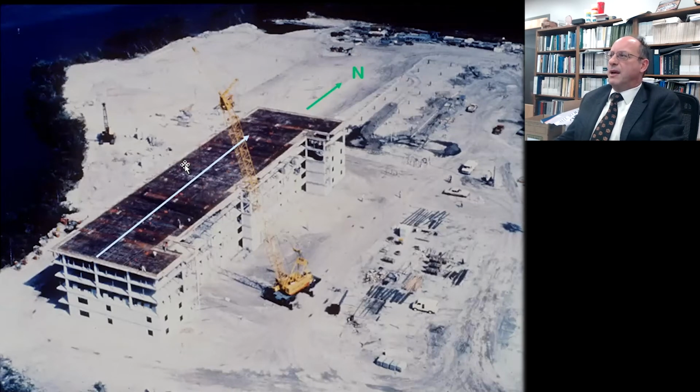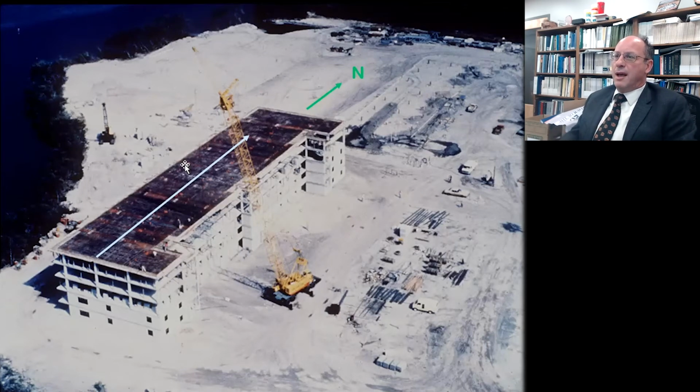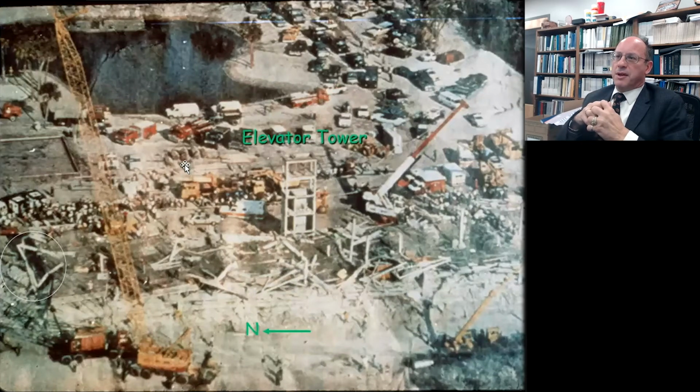And that was, in the case of Bailey's Crossroads, it was premature removal of some reshores. And because the building was so tall, you had formwork and reshoring over several levels. But in this case, the formwork went all the way to the ground, but once it was removed, the building collapsed and all that was left was the elevator towers.